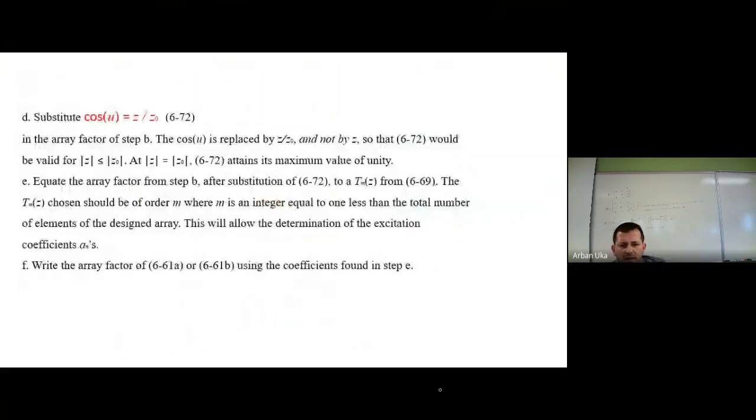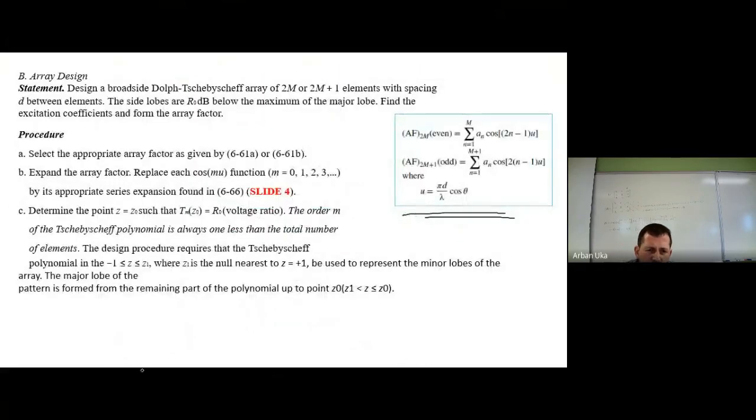In fact, these array factors, here they are. I was looking for the equation, but that's actually what these array factors are. Only we have to remind ourselves that the u that we observe here is equal to pi d divided by lambda times cosine theta.